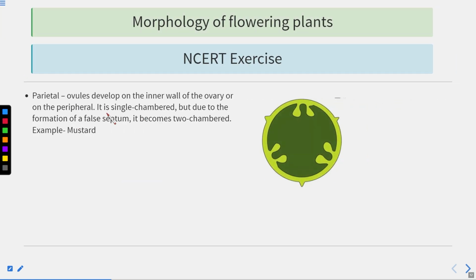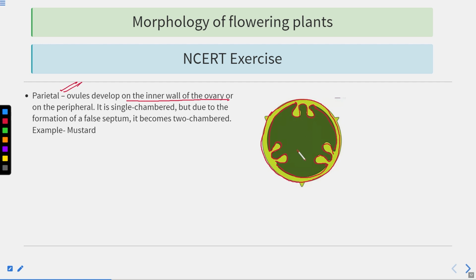Next is the parietal placentation. The ovules develop on the inner wall of the ovary. Here in the figure, this is the outer wall, and this is the inner wall. To the inner wall, the ovules are attached in a particular fashion, like this.